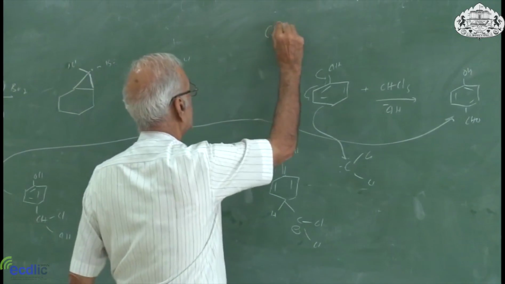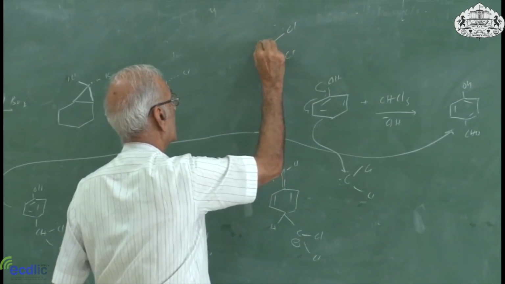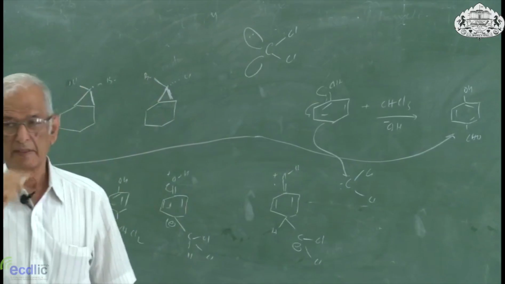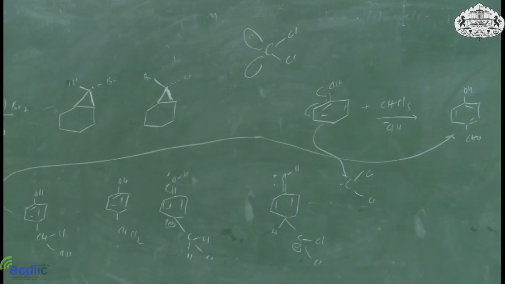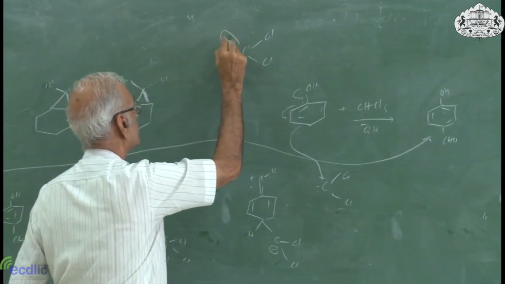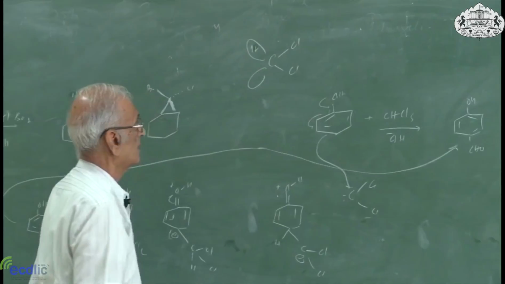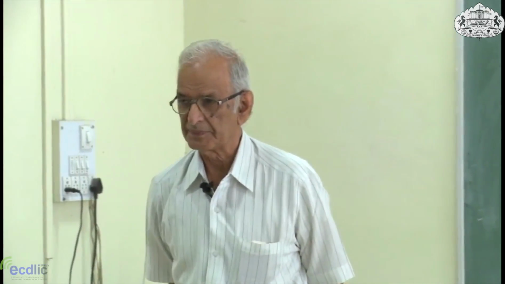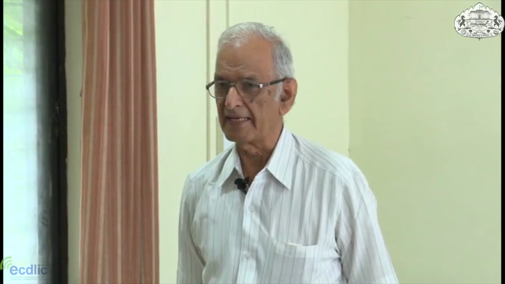When I look at this, one structure which I can write for the carbene is this. Both electrons are in the same orbital and electrons are paired. I call this as a singlet carbene.